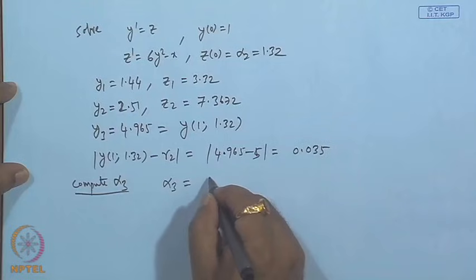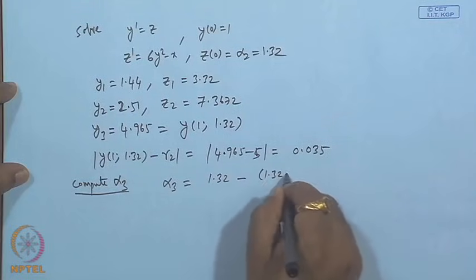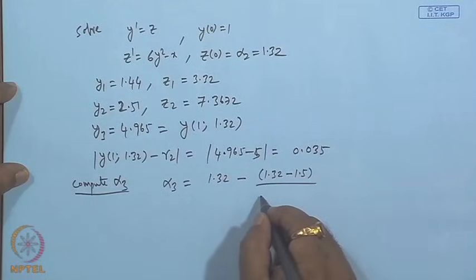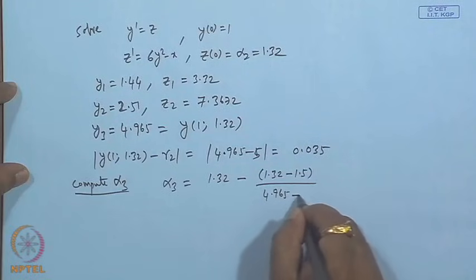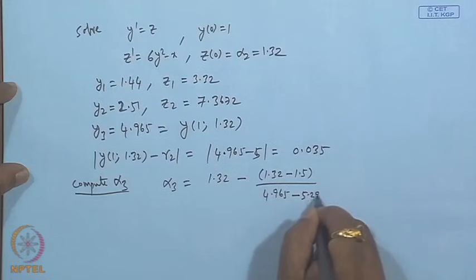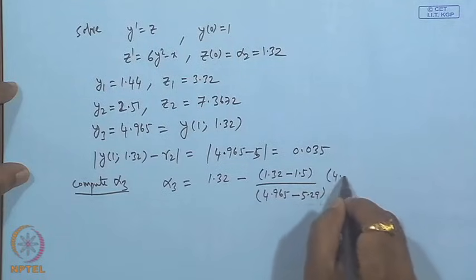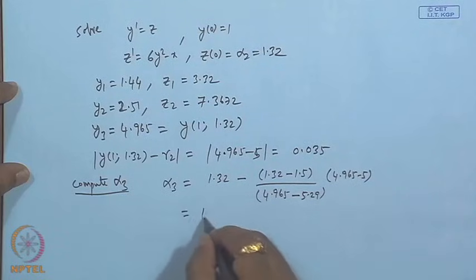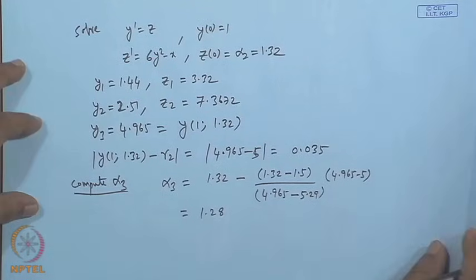So, alpha 3 from alpha 2, so this is 1.28. So, we are adjusting. Then what do we do?